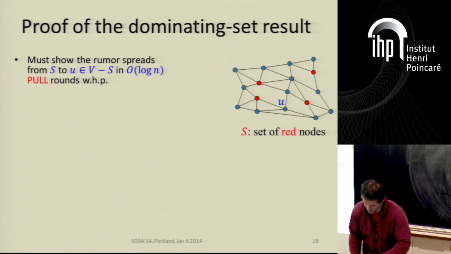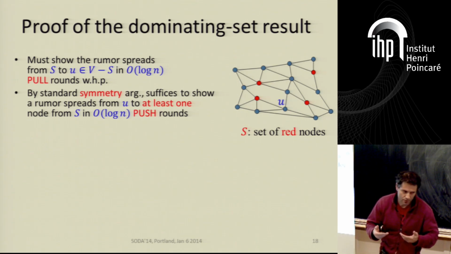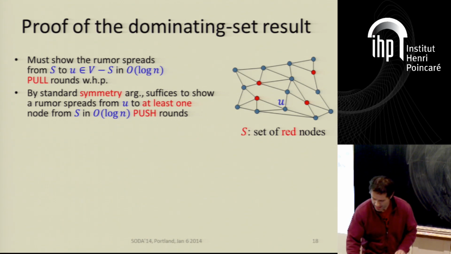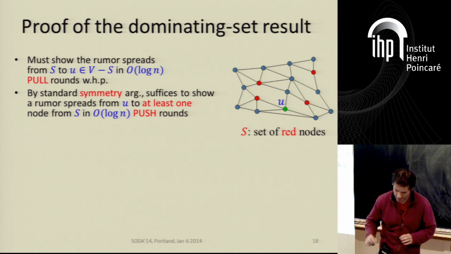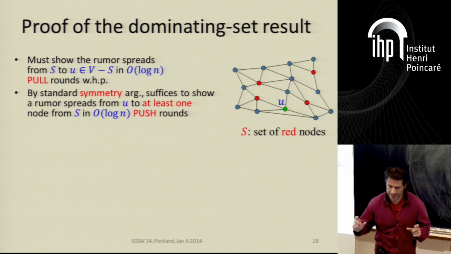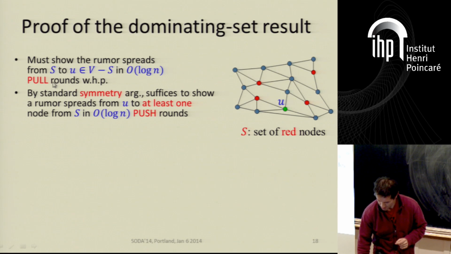The first step to prove this is I change the problem. I use a standard technique. There is a standard symmetry argument between push and pull protocols, and by applying this, I will not say why, it turns out that it suffices to solve the following equivalent problem: if we have a rumor that starts from U, so we have this green rumor, then this rumor spreads to at least one of these red nodes in a logarithmic number of push rounds, rather than pull.